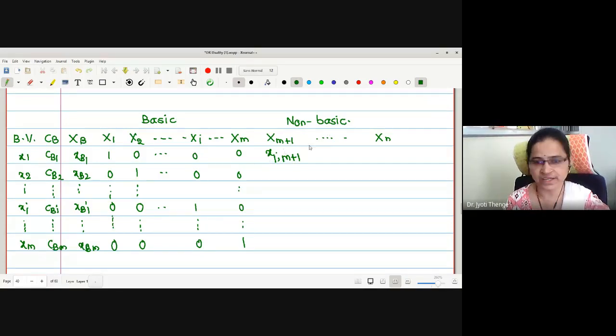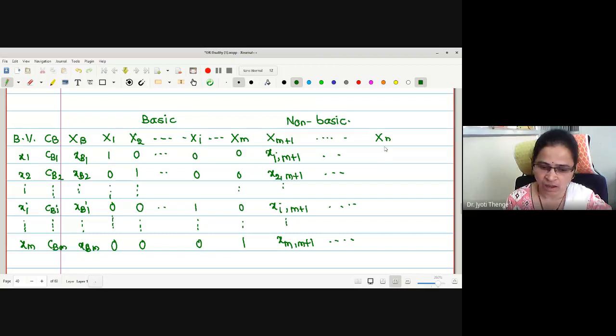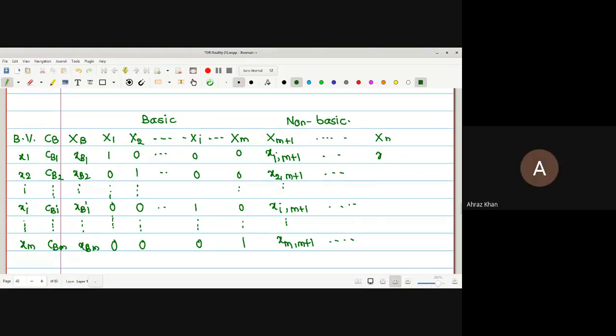As we are writing aij, this is x1 m plus 1. The second entry is x2 m plus 1. Similarly, this is xi m plus 1, and the last entry is xm m plus 1. Now let me write the column entries of the last variable, x1n.